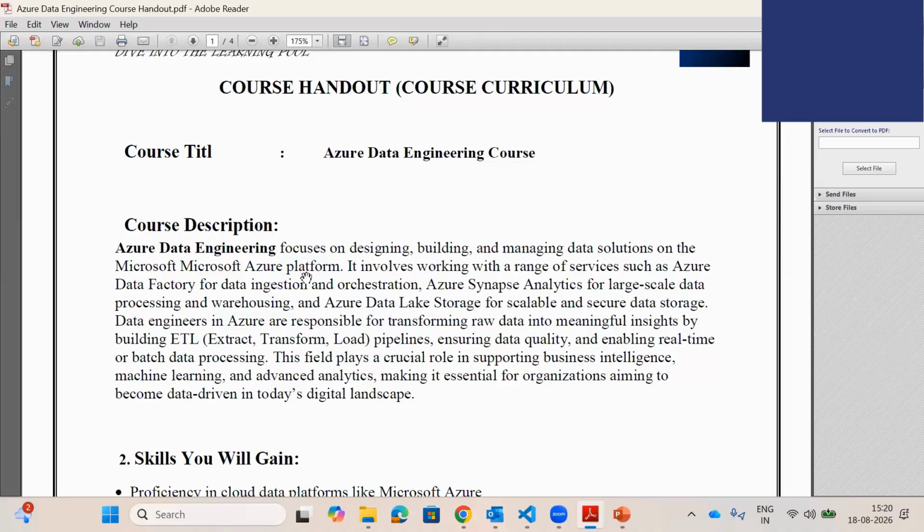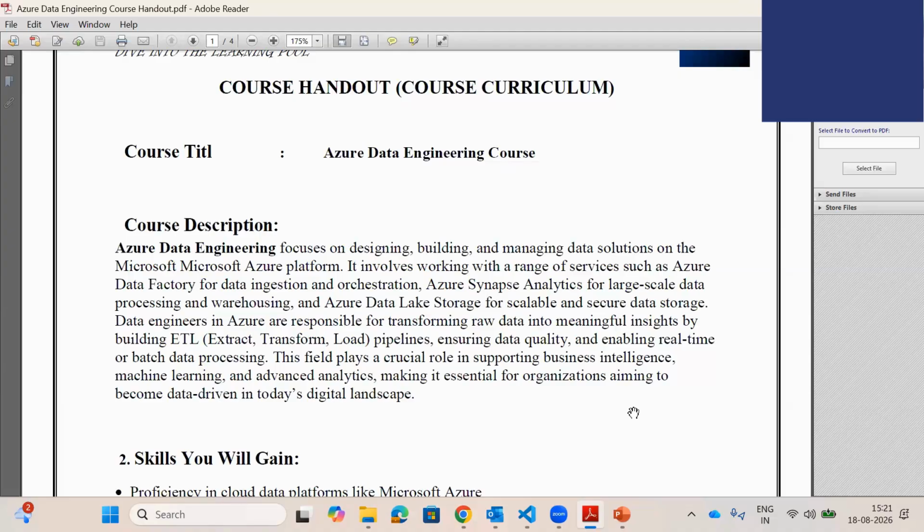And that's what has been mentioned over here, that Azure Data Engineering focuses on designing, building, and managing data solutions on the Microsoft Azure platform. And when we talk about the Azure platform, I'm not sure if you have ever used it. It's a cloud platform of Microsoft, right?